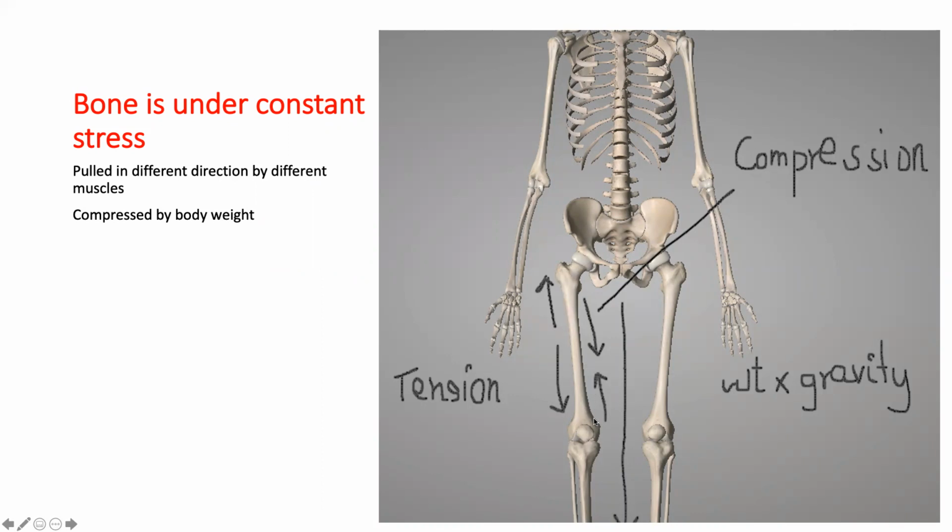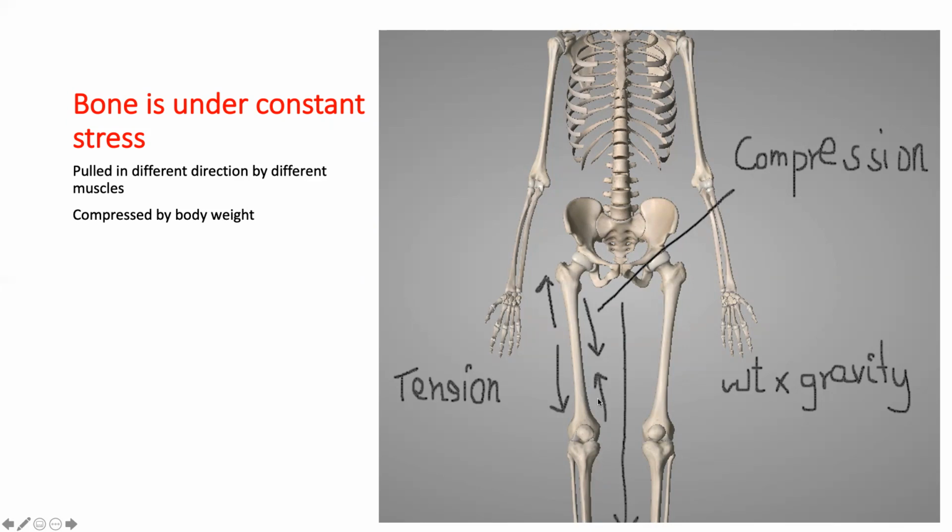And if we think about the vectors, if someone is standing, then the combined force is going from the femoral head directly to the center of the knee. So that is the normal force, but the shape of the bone is bent shape.